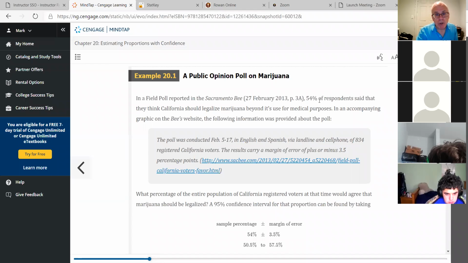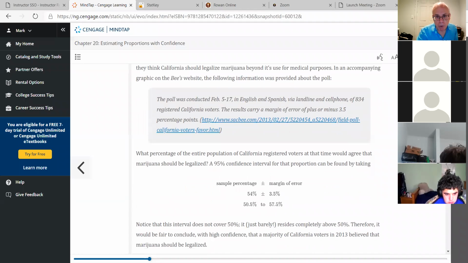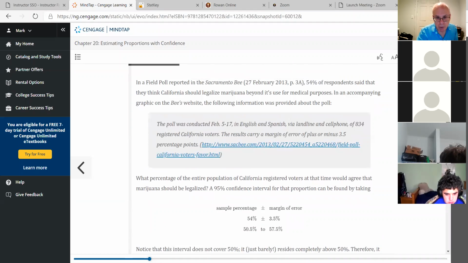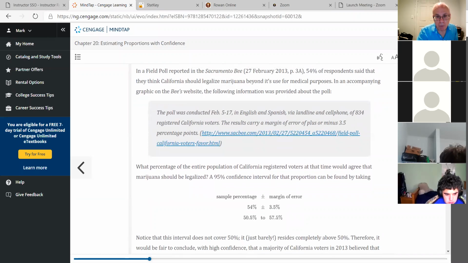So when you create a confidence interval for proportions, I would always use decimals. Don't use percentages. I know they say it in the book, it's okay, but I don't recommend it, because when you do arithmetic, it's better to use decimals, right? So 54% is 0.54.